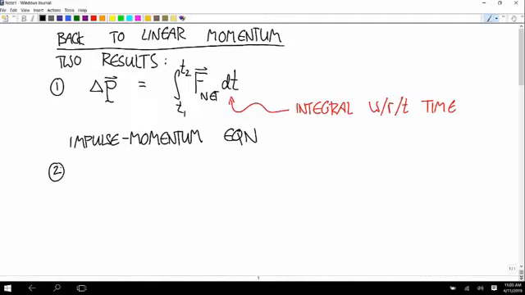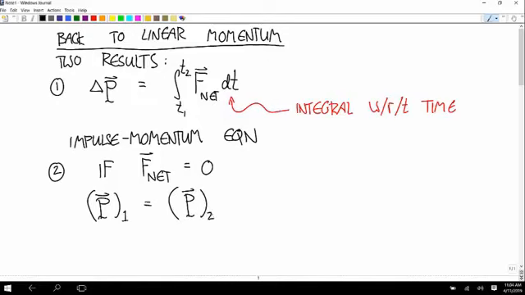And then the second one is if F net is equal to 0, then the total momentum of your system at instant 1 is equal to the total momentum of your system at instant 2.